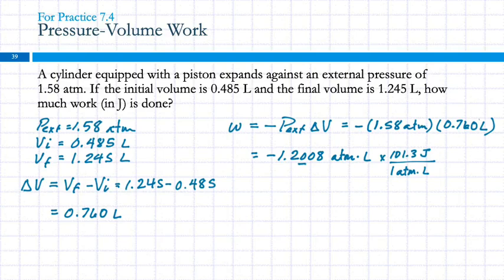So I take my negative 1.2008 and multiply by 101.3, and I get negative 121.64 joules, or negative 122 joules. So you can say that 1 joule is equal to 1 kilopascal. Approximately.